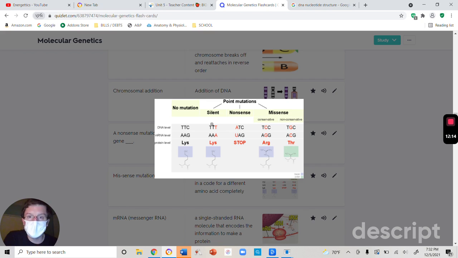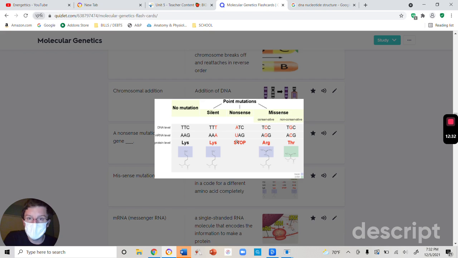So these are the 3 mutations that they expect you to be able to identify. They're going to ask you what happened here? So in a missense, we get a completely different amino acid just by changing a single letter.